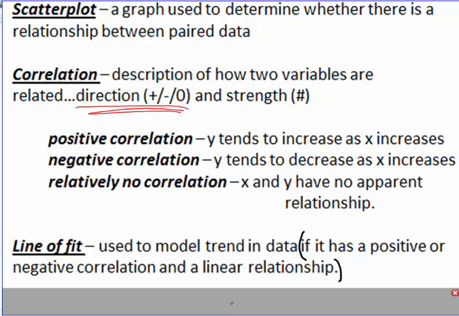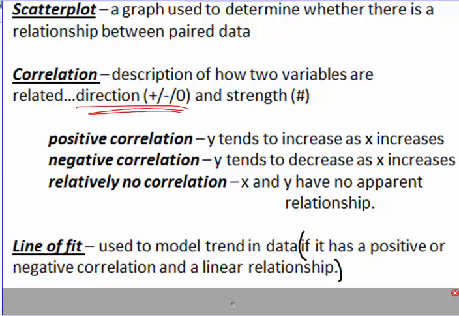Line of fit. This is what a lot of you guys were having trouble with when you had to come up with your own definition. What did you think it was? So this is our official definition. A line of fit is used to model trend in data, if it has a positive or negative correlation and a linear relationship.